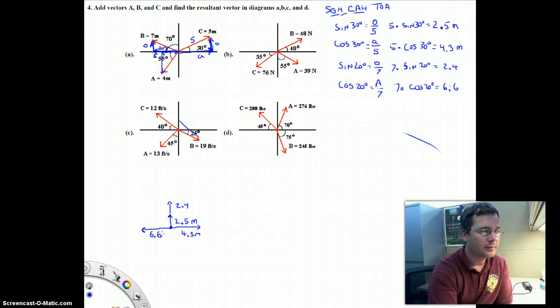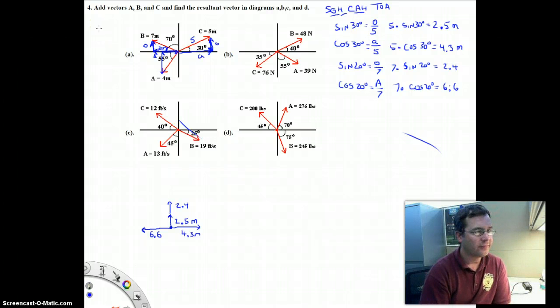Okay. The remaining triangle, triangle A, has an included angle of 55 degrees, which is given in the problem, and it has a hypotenuse length here of 4 meters. So again, it has a side opposite, which is going to represent the vertical component, and a side adjacent, which represents the horizontal component. So what do we know?